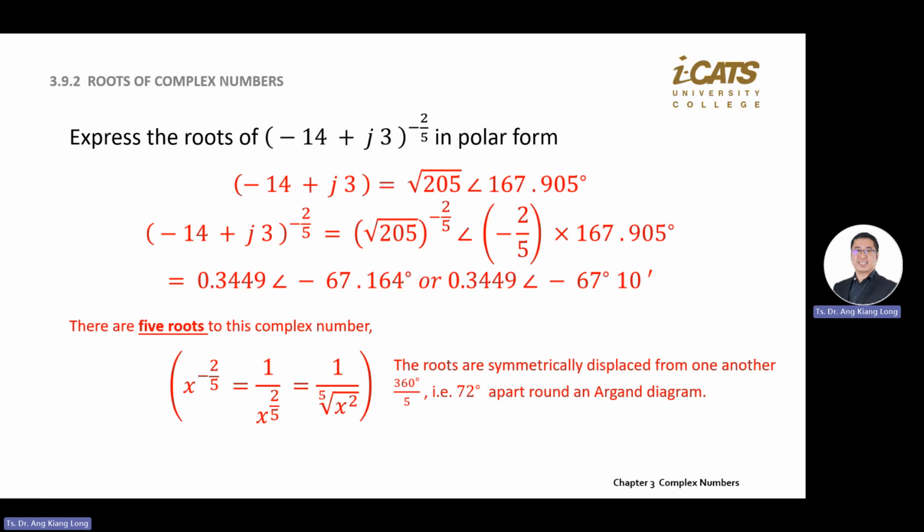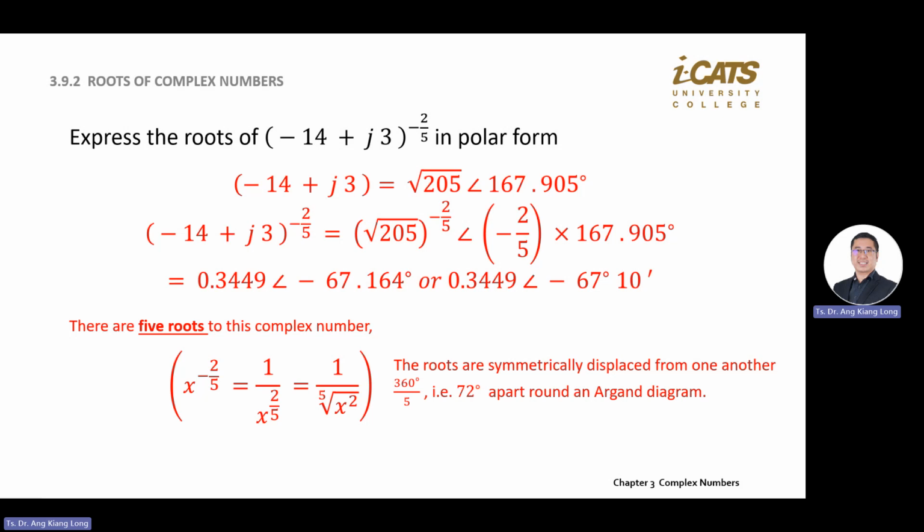Okay, so if we have fifth root, what does it mean? It means they are symmetrically displaced from one another. You take 360 divided by 5, so they actually have an angle difference of 72 degrees. I'll show you the Argand diagram.